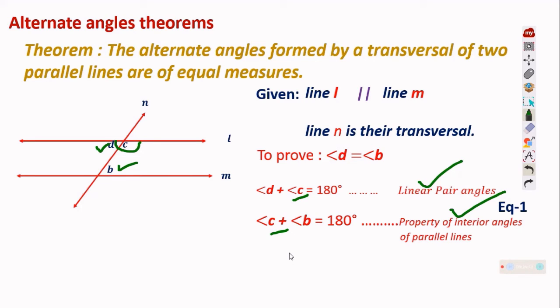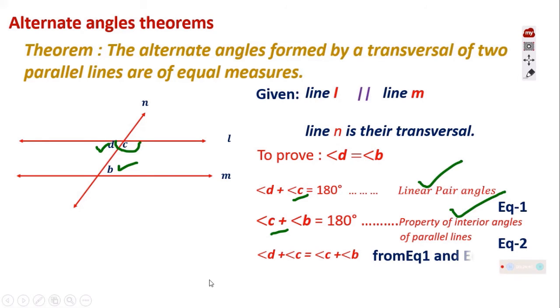That means angle D is equal to B. Angle D is equal to B because we have C common, which is the proof that alternate angles formed by a transversal of two parallel lines are of equal measures.